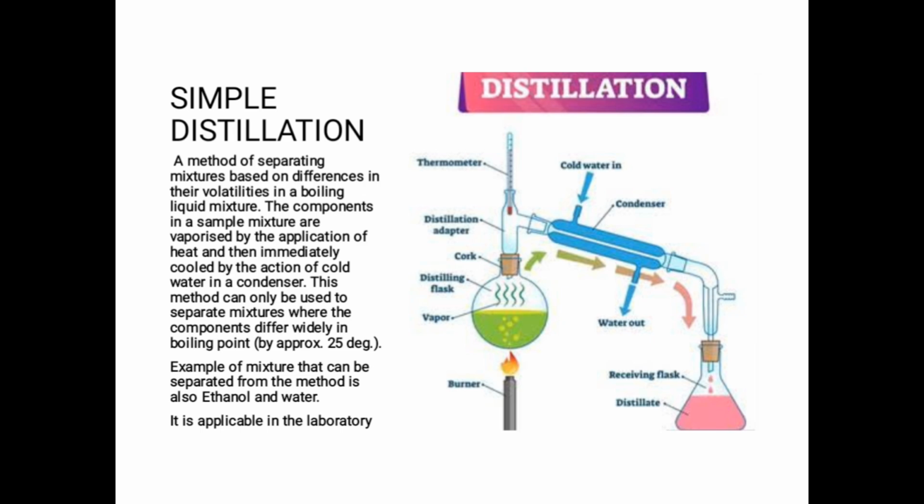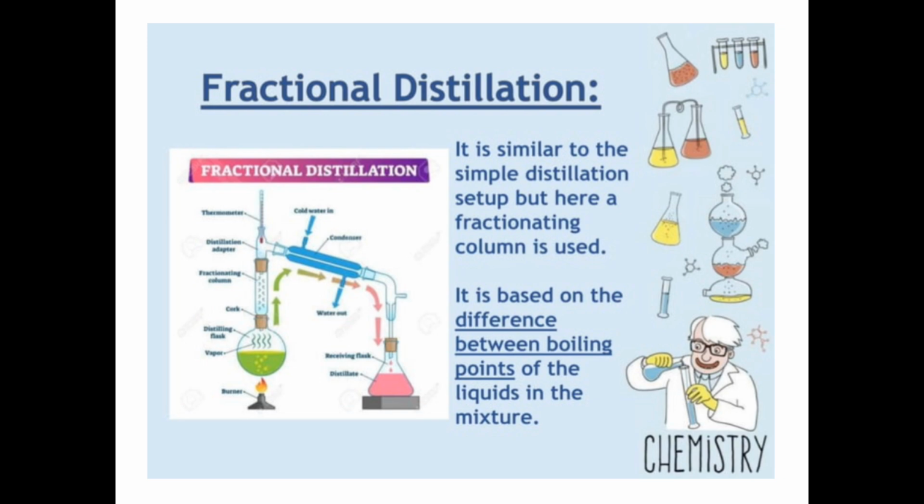And then of course, from there, you can have your distillate. So this is the simple distillation method, and it is applicable in a chemical laboratory. Then you also have the fractional distillation.